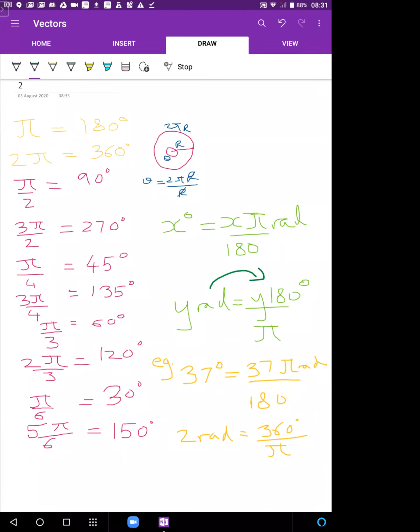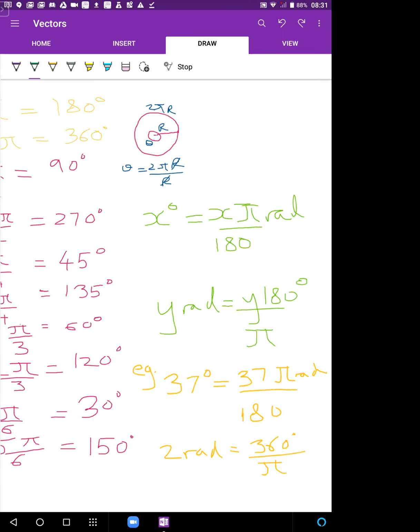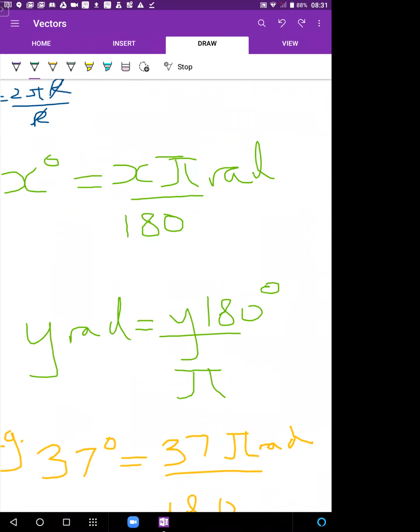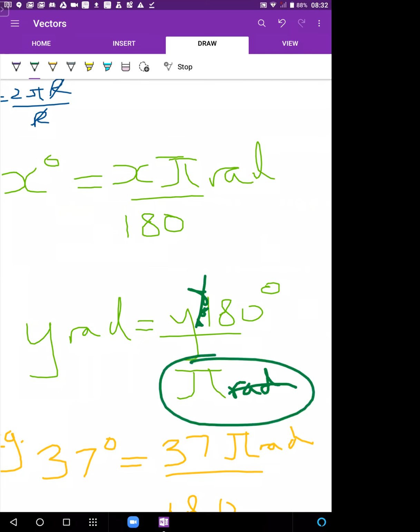ये वाला भी एक बार जैसा देख लो. Pi radians. So what will I do? Okay, so y radians को अगर मुझे convert करना है, I will again multiply divide by the same number. Okay, तो अब यहाँ पे मैंने लिखा नहीं है, but let's say this is y radians, और मैं नीचे pi radians से divide करूंगा ताकि रेडियन कट जाए. अब नीचे पाई रेडियन से डिवाइड किया तो ऊपर भी सेम चीज से मल्टीप्लाई करना चाहिए. तो ऊपर में किससे मल्टीप्लाई कर रहा हूँ, 180 डिग्री से मल्टीप्लाई कर रहा हूँ, which is the same.